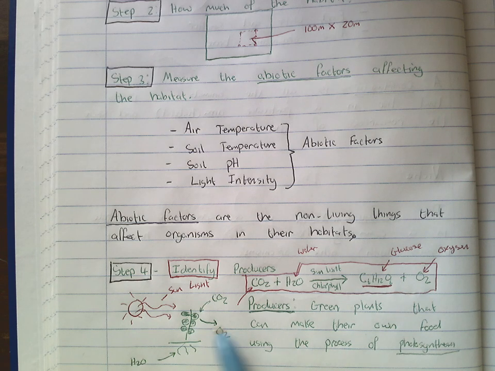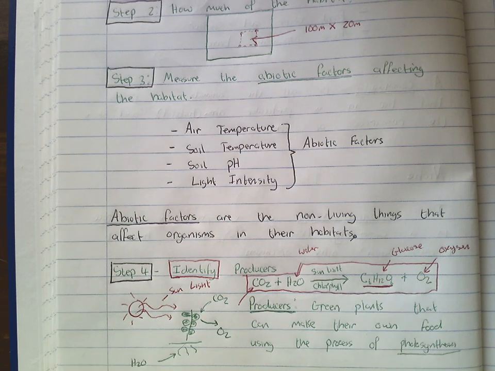Again, producers are organisms that can take the energy from the sun and convert it into food through photosynthesis. So that's step 4, being able to identify the producers within the habitat.